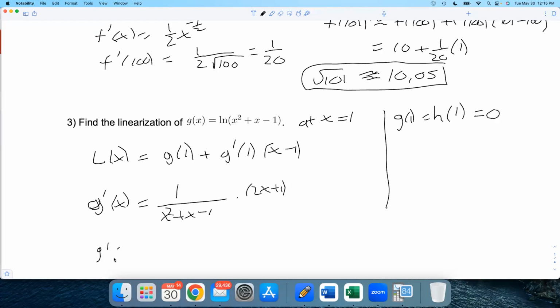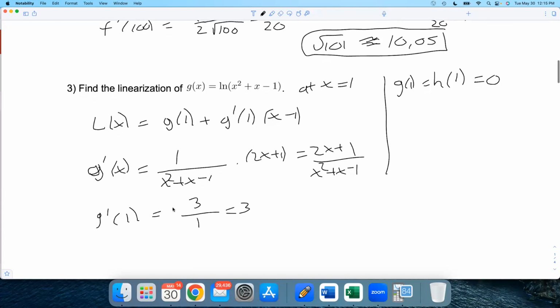So g prime at 1 will be, let's write it as one single fraction, it would be a little cleaner. Plugging in a 1, I get 2 plus 1, so 3, over 1 plus 1 minus 1, which is 1. I get 3.